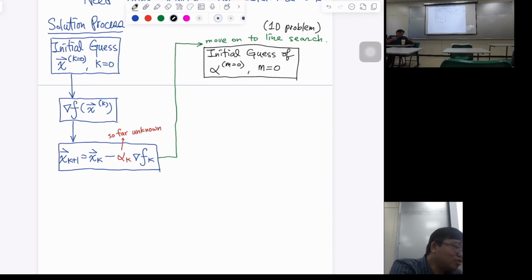First, you basically need to change the objective function to a format with the variable alpha. So basically, whenever you move on to the line search, you plug in x of k plus 1 into the objective function.